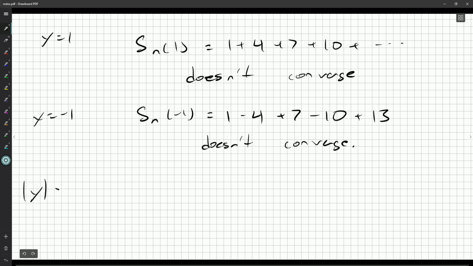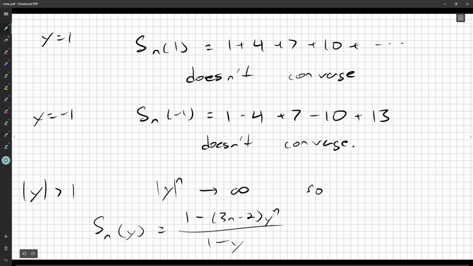If y in absolute value is greater than 1, y to the n gets really, really big. So our expression like, what was it, 1 minus 3n minus 2y to the n, that's going to get way too big on the top there.